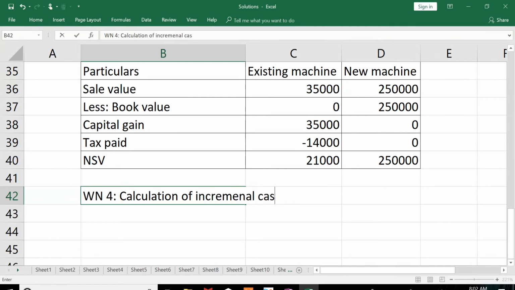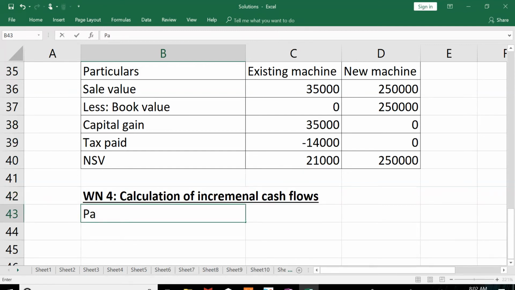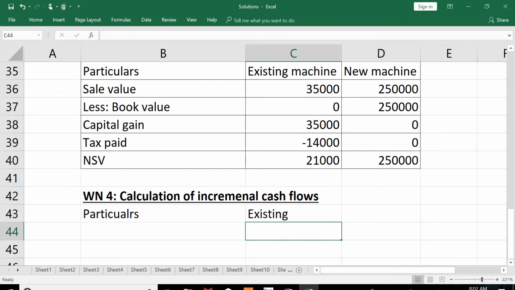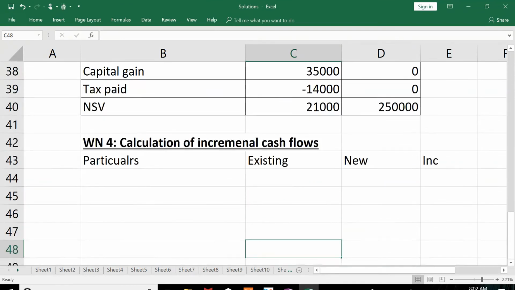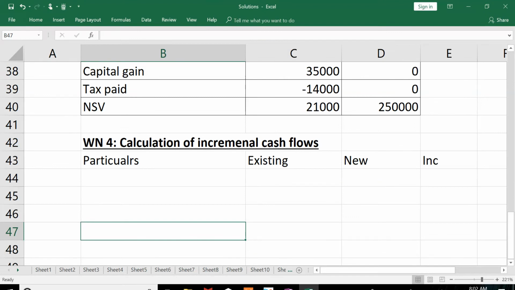Calculation of incremental cash flows. Particulars: existing, new and incremental.